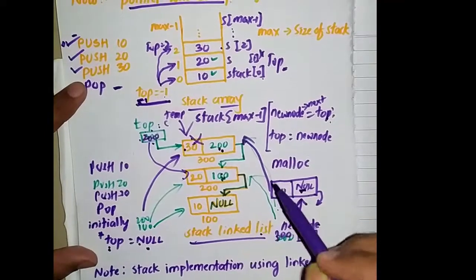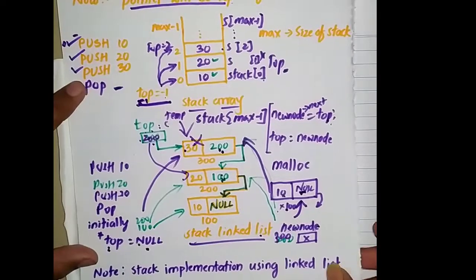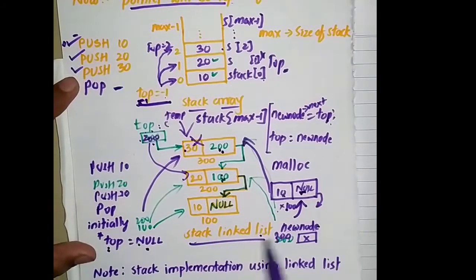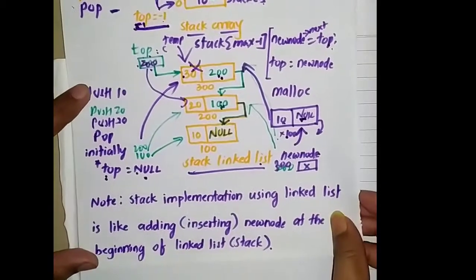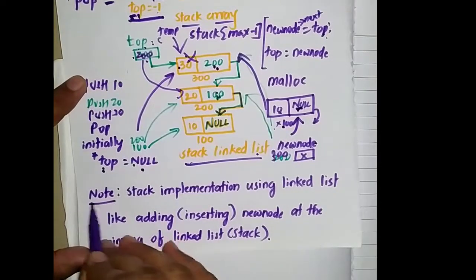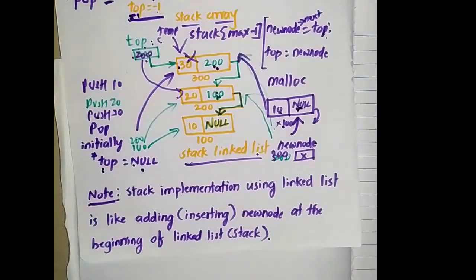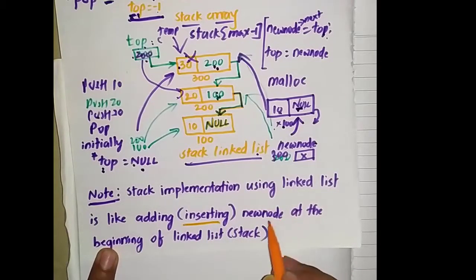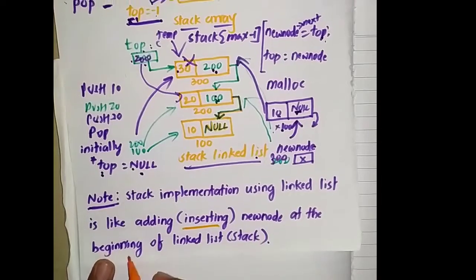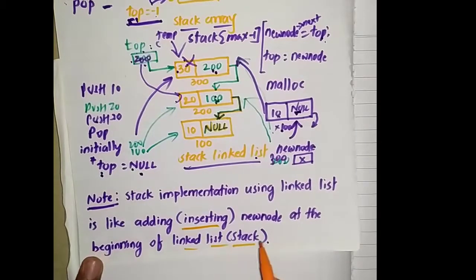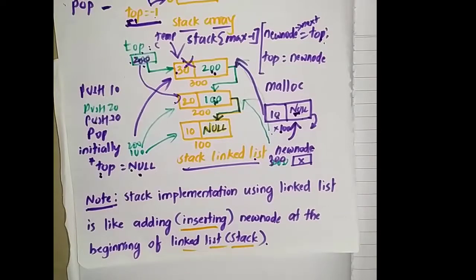Okay, so one of the easiest ways to understand the stack implementation using linked list would be, here I have written it in the note file, that the stack implementation using linked list will be like the adding or inserting operation at the beginning of the linked list. Singly linked list concept we have seen already in the previous unit.